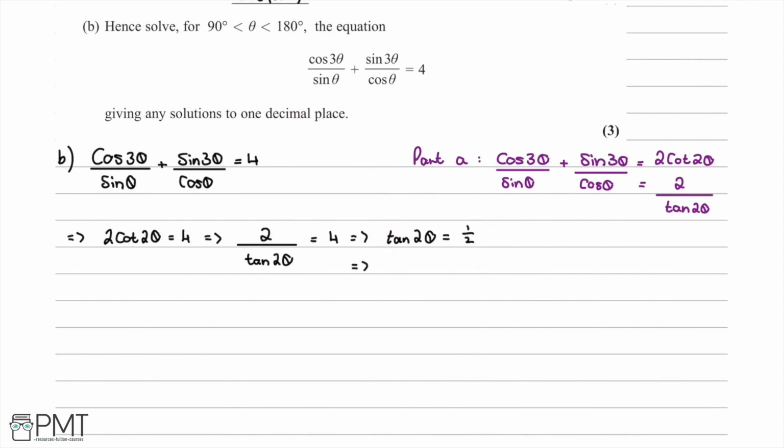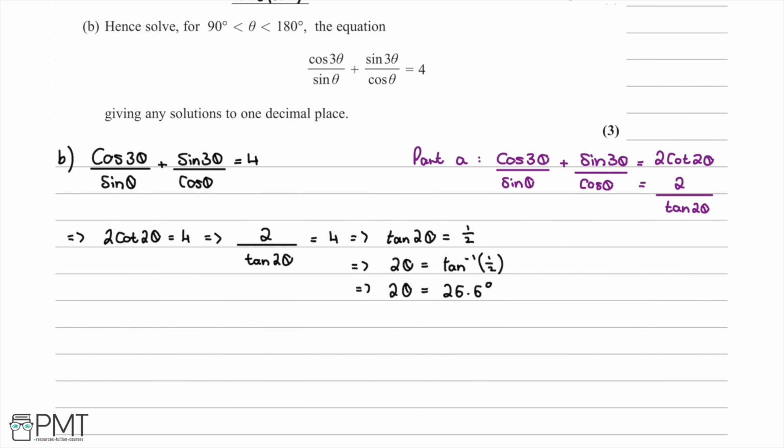And then this is something that we can use our knowledge of trig to solve. So we can then say that 2 theta is going to be equal to arctan, so tan minus 1 of a half. And this is something that we can put into our calculators. So we'll therefore have that 2 theta is going to be equal to 26.6 degrees, rounding to 3 significant figures.